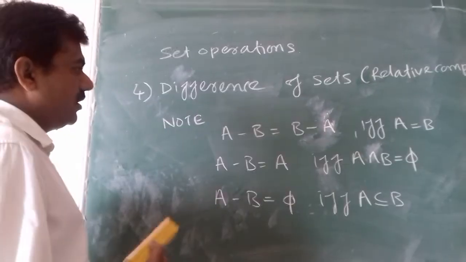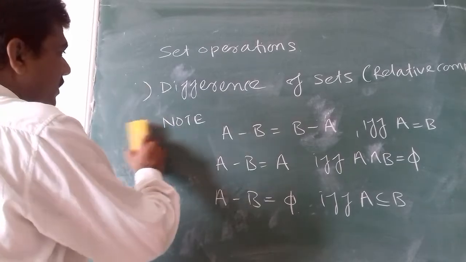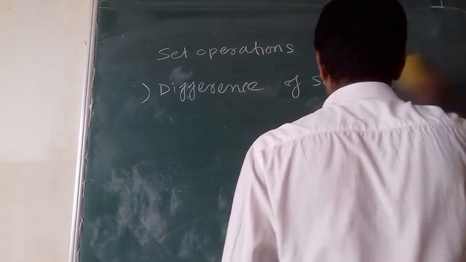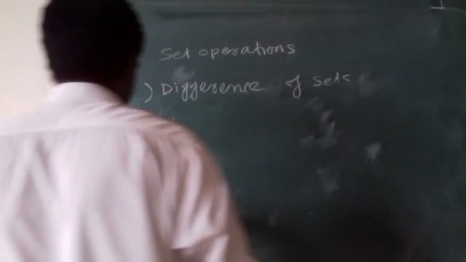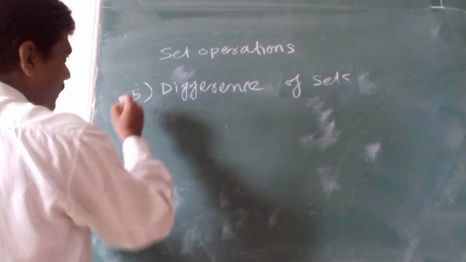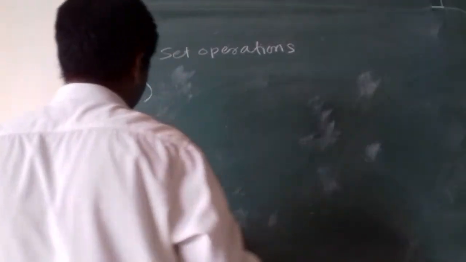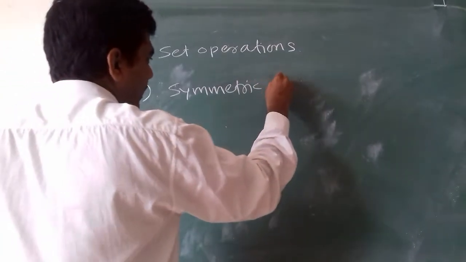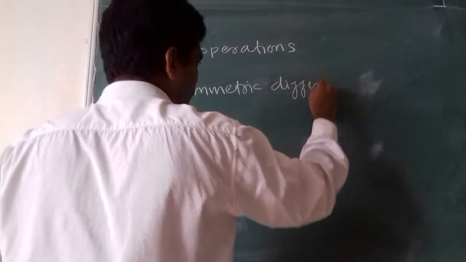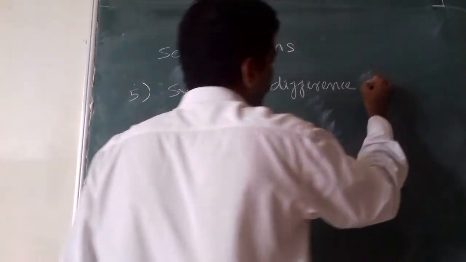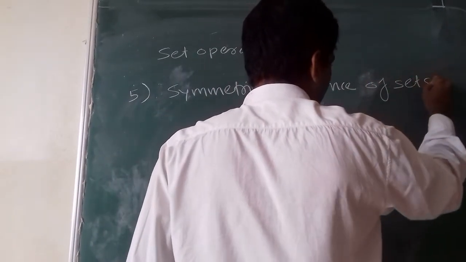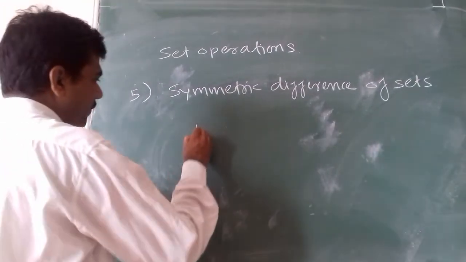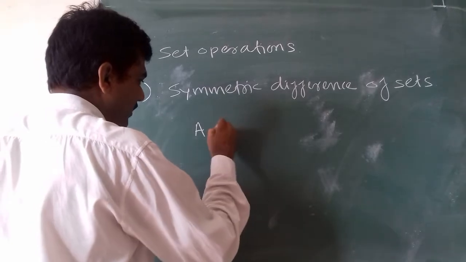Now next, fifth set operation is the symmetric difference of sets. Notation for this: let A and B be two sets.